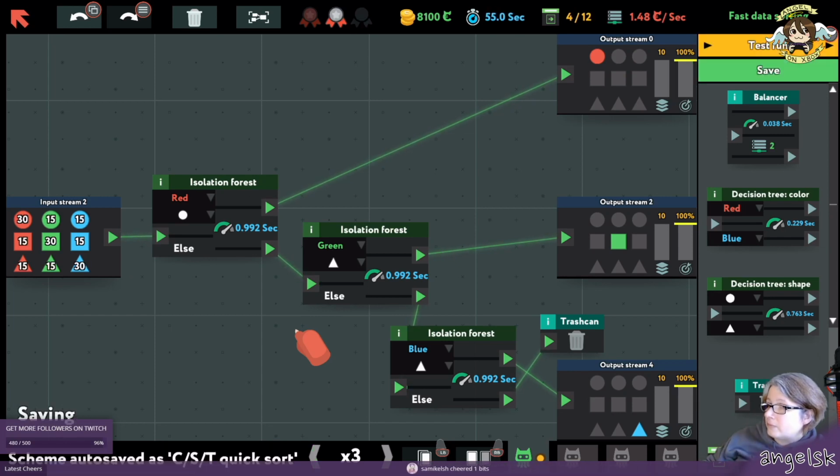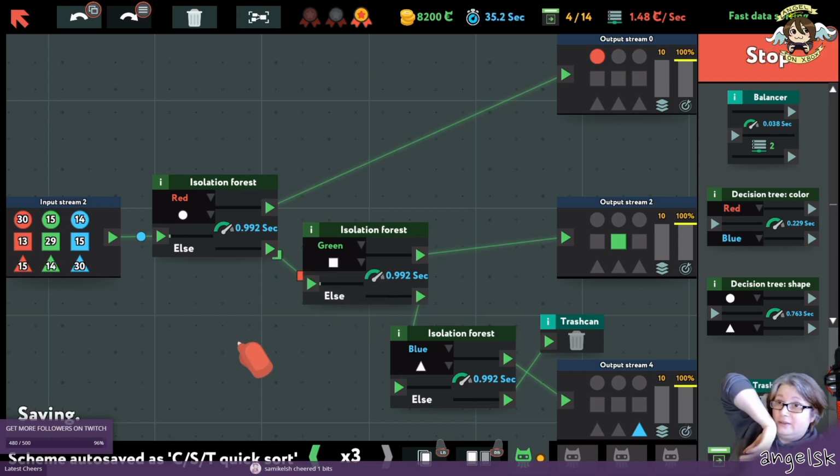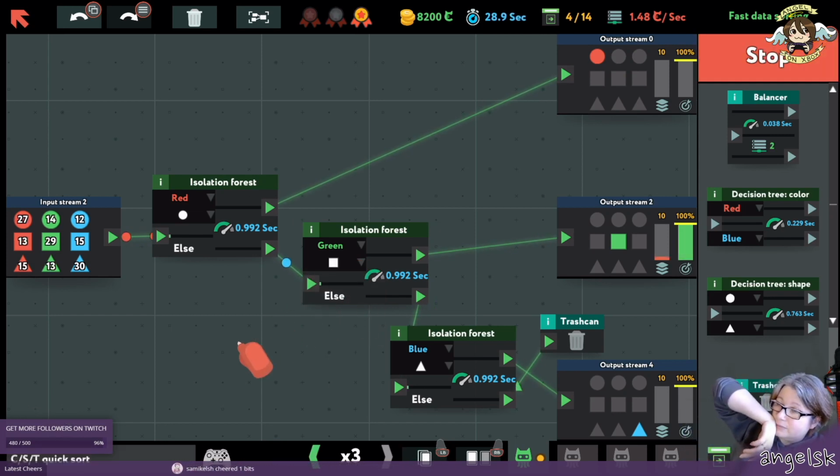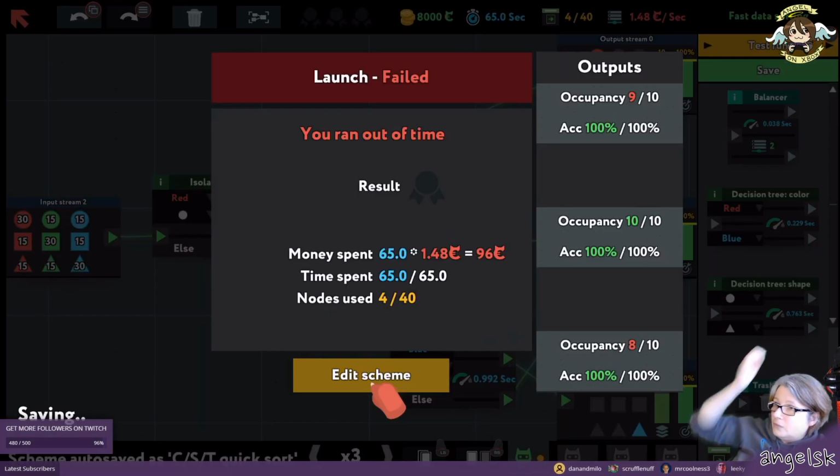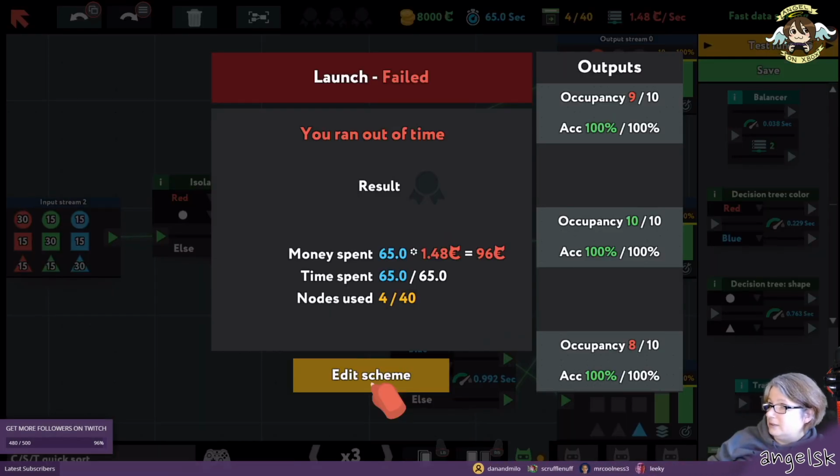Oops. Green square. Not going to be accurate either. Okay. It's not too bad.